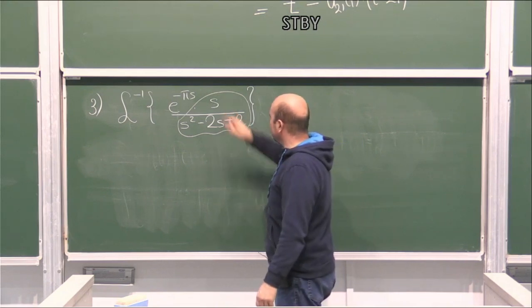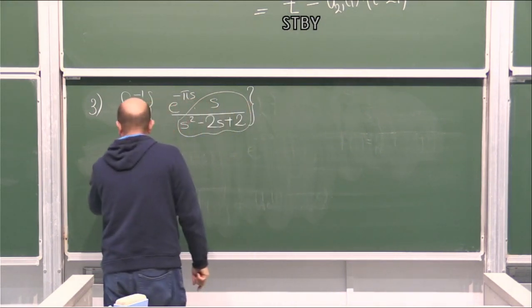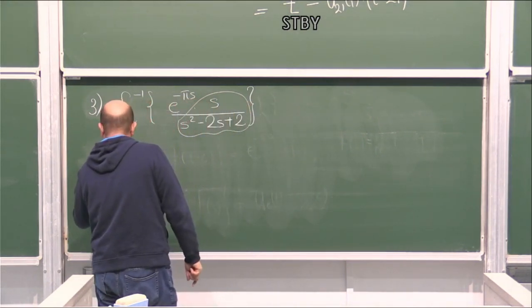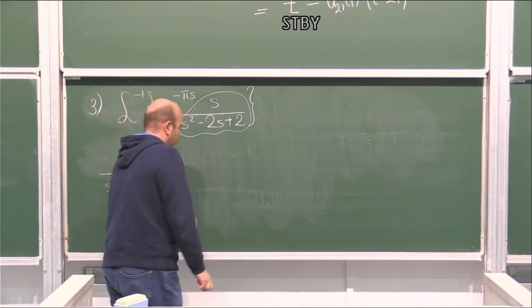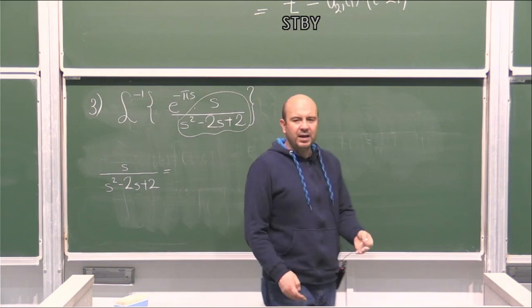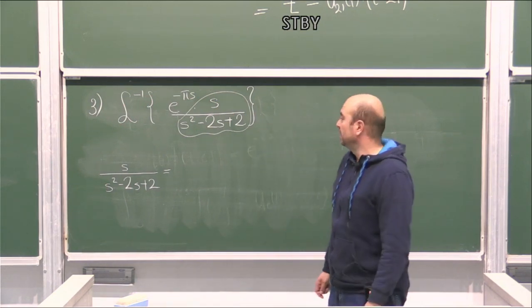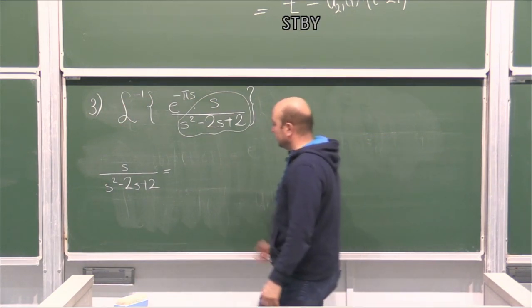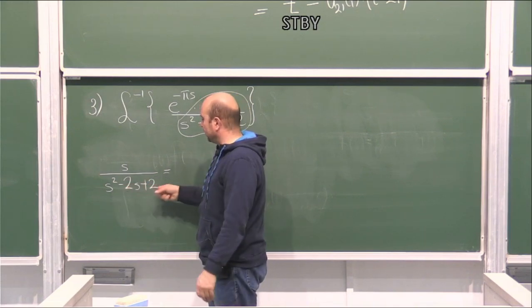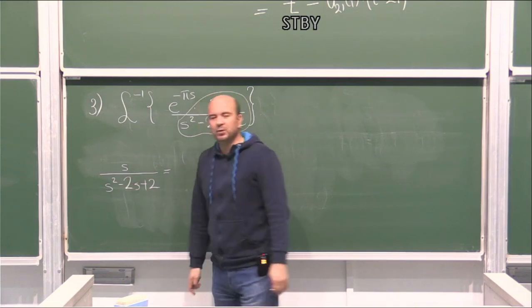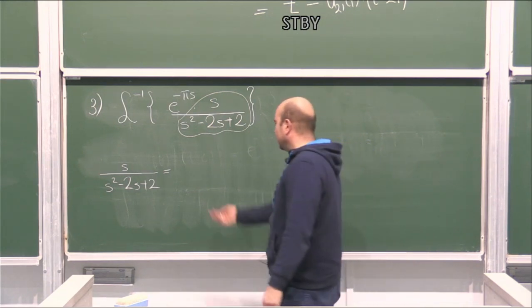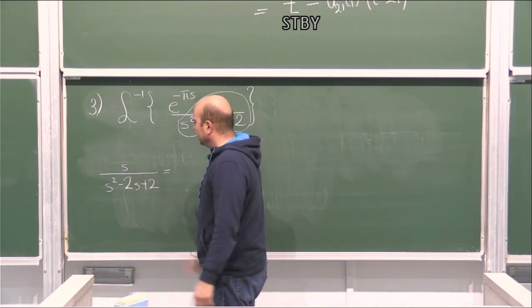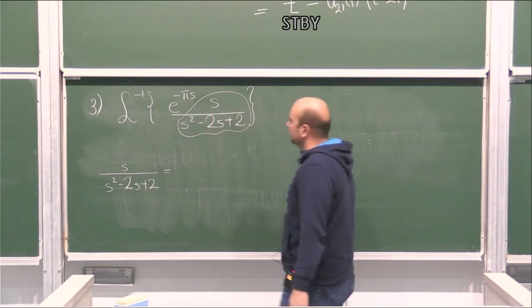So if you look at s over s squared minus 2s plus 2, by using the partial fraction idea, either I write the bottom in linear factors if it is factorizable, or, if it is not factorizable, I have to write it as a complete square. And as you can easily see, this is not factorizable. There are no real roots.